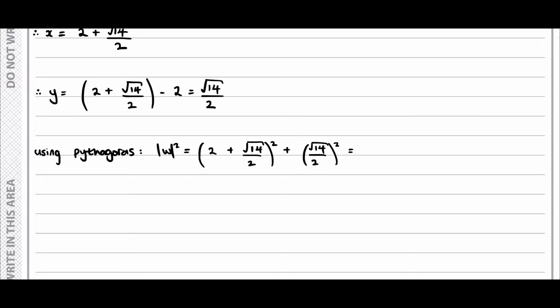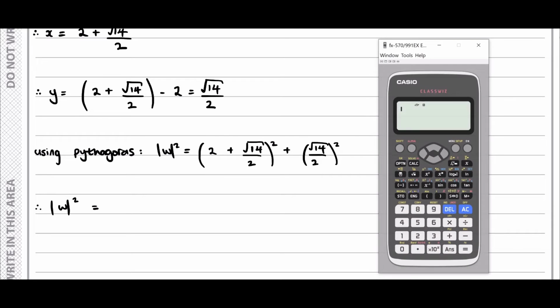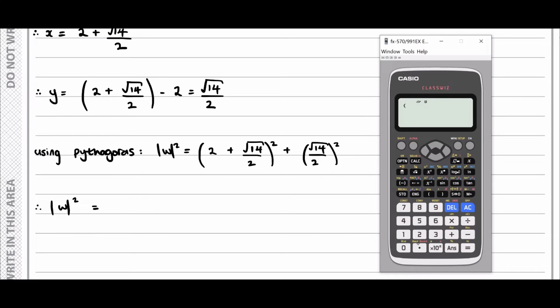So if we work this out, the norm of w squared, we have 2 plus root 14 over 2 squared plus root 14 over 2 squared, which is 11 plus 2 root 14. So we have 11 plus 2 root 14 as our final answer.